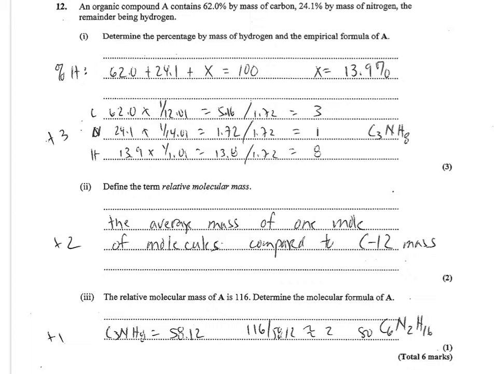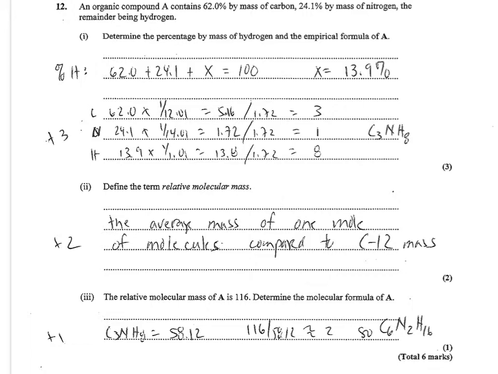It says 62% by mass, so I assume each one is grams out of 100. 62 grams of carbon then is 5.16 moles. 24.1 grams of nitrogen is 1.72 moles. And 13.9 grams of hydrogen is 13.8 moles.